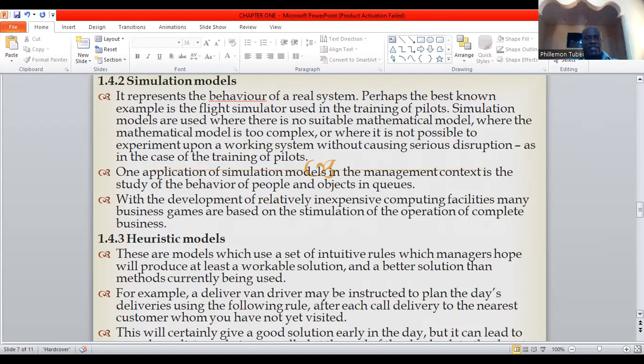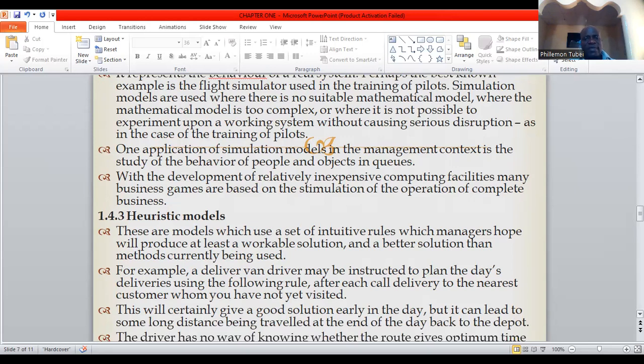Simulation models are used where there is no suitable mathematical model, where the mathematical model is too complex, or where it is not possible to experiment upon a working system without causing serious disruption, as in the case of the training of pilots. One application of simulation models in the management context is the study of the behavior of people and objects in queues, meaning in lines. When people are in lines, you know how they behave.